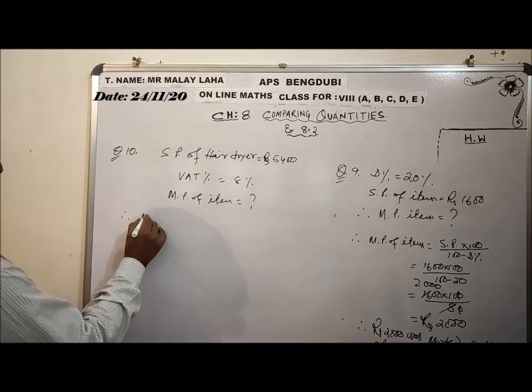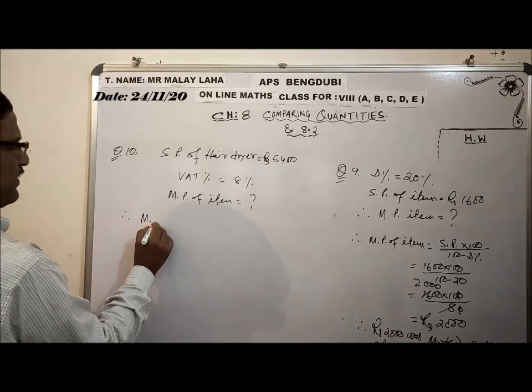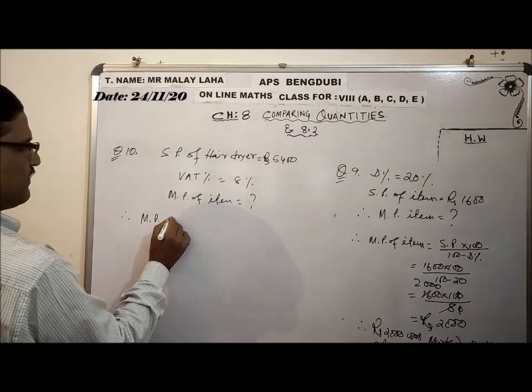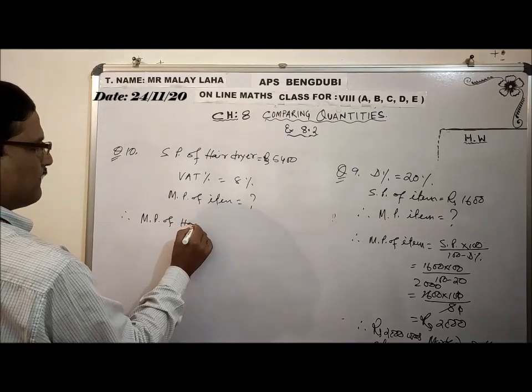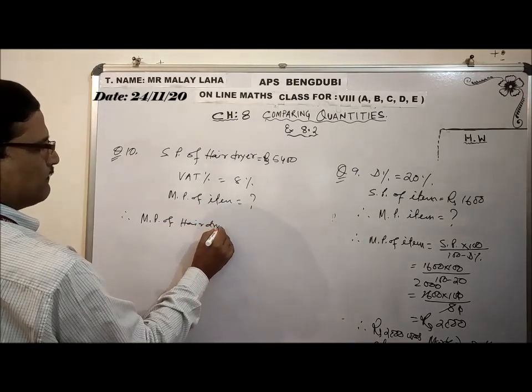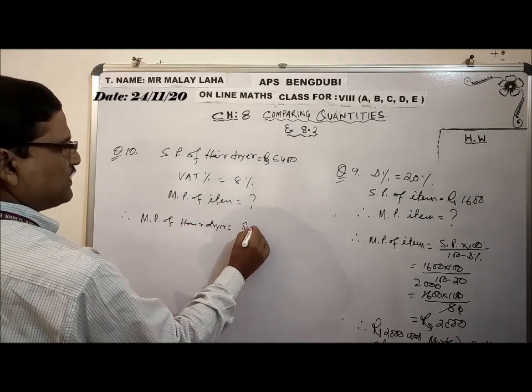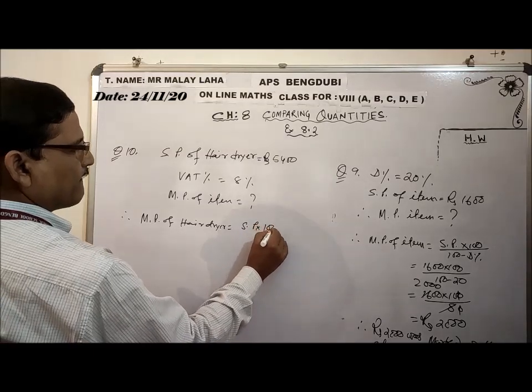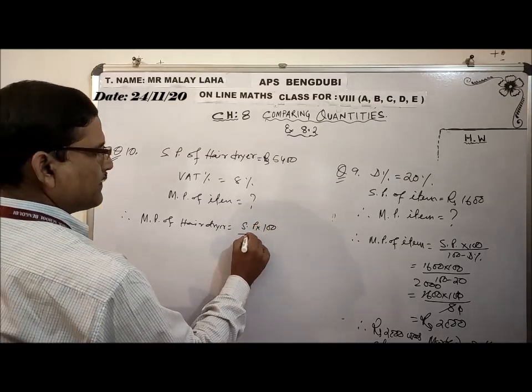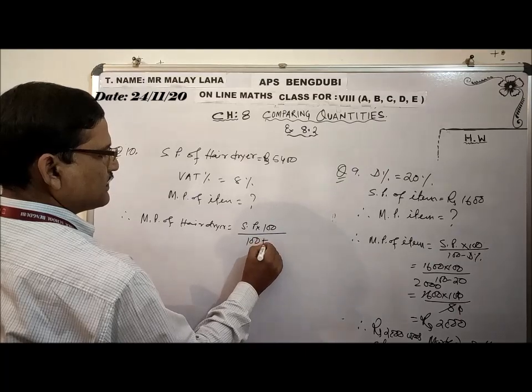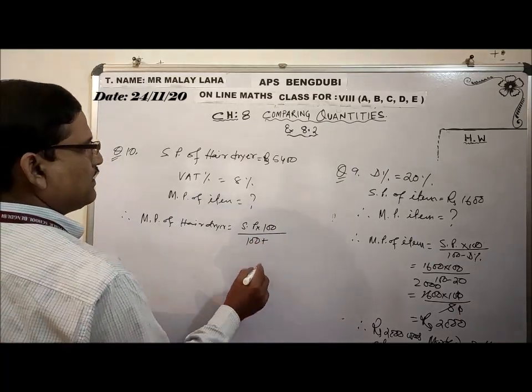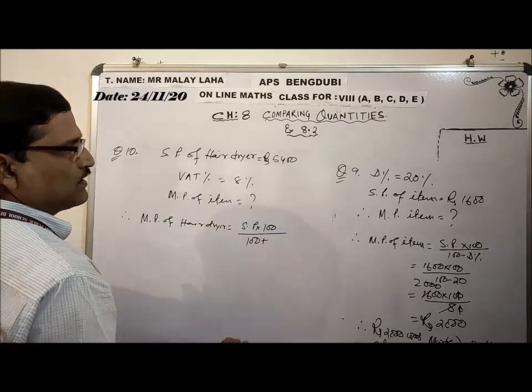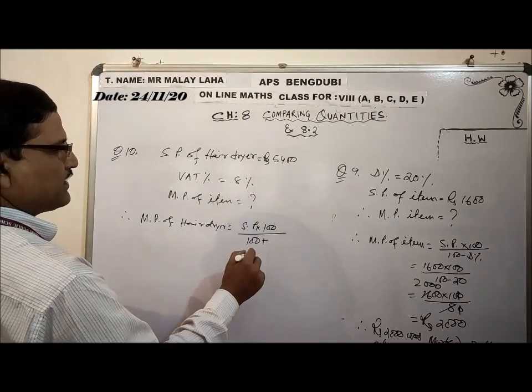Therefore, MP of here equals SP into 100, okay, by 100 plus VAT percent. Here it will be plus because tax is there.